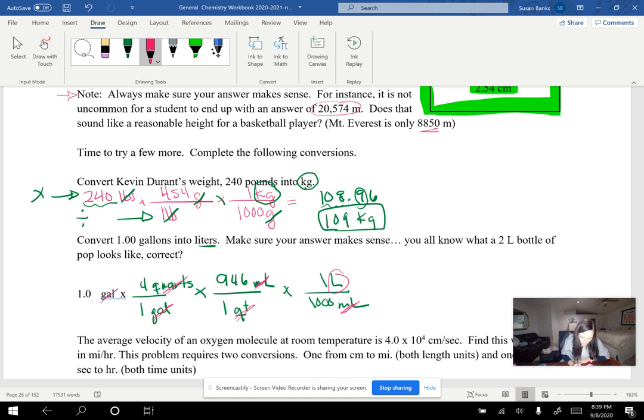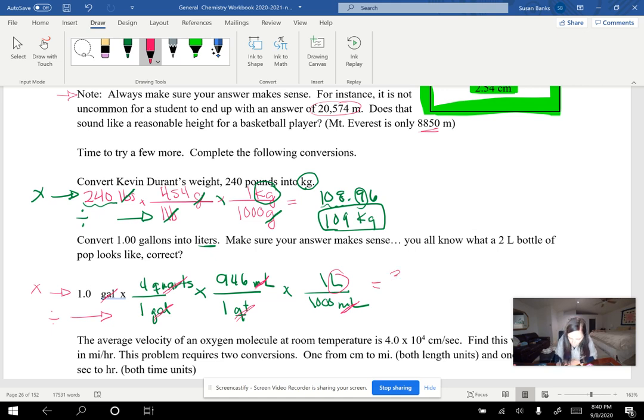Okay, so we're going to multiply everything on top, and we're going to divide everything on the bottom. So I'm going to take 1 times 4 times 946 divided by 1,000. Let me plug that into my calculator.